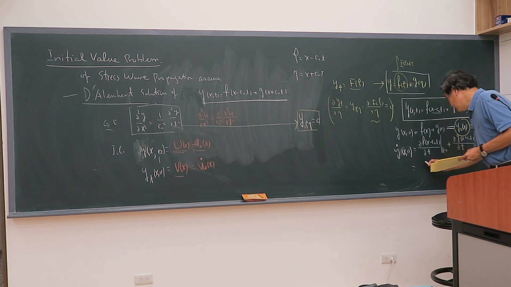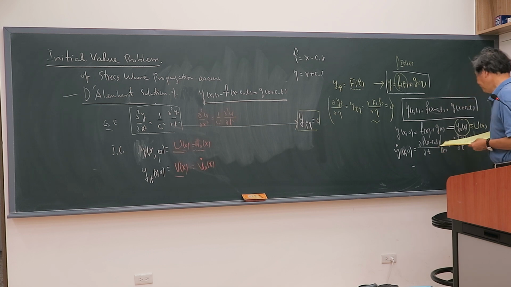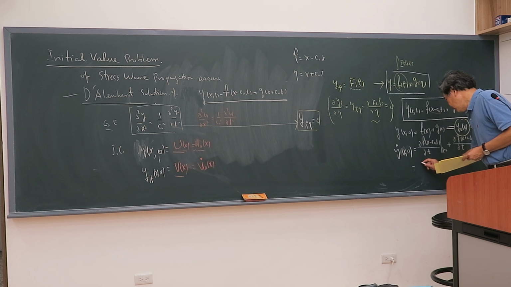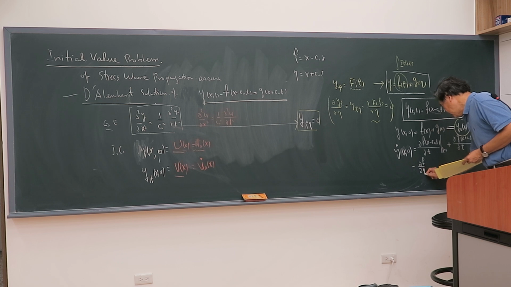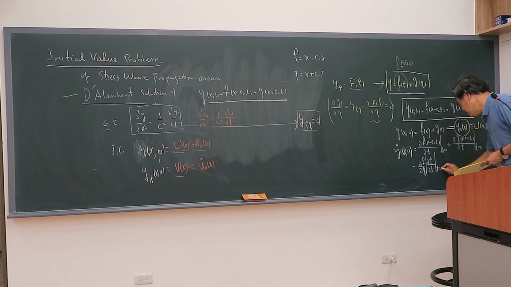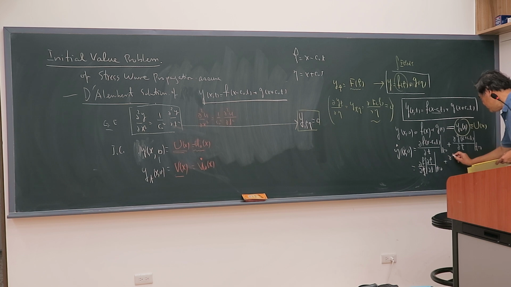And this will be equal to partial f, partial xi, and partial xi, partial t, right, at t equal to 0, plus partial g, partial eta, partial eta, partial t at t equal to 0.